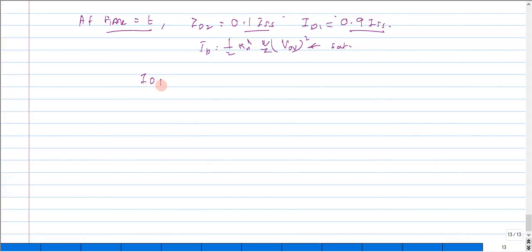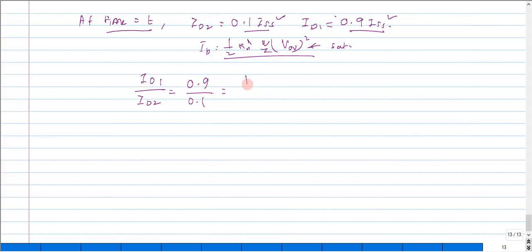Okay, so I'm just going to divide ID1 by ID2, and that would be 0.9 divided by 0.1 times ISS, because these are the values held by both these transistors. ISS will get cancelled, and that is equated to this quantity. Again, I have common terms for both the transistors, the W by L, Kn dash, and the half term.